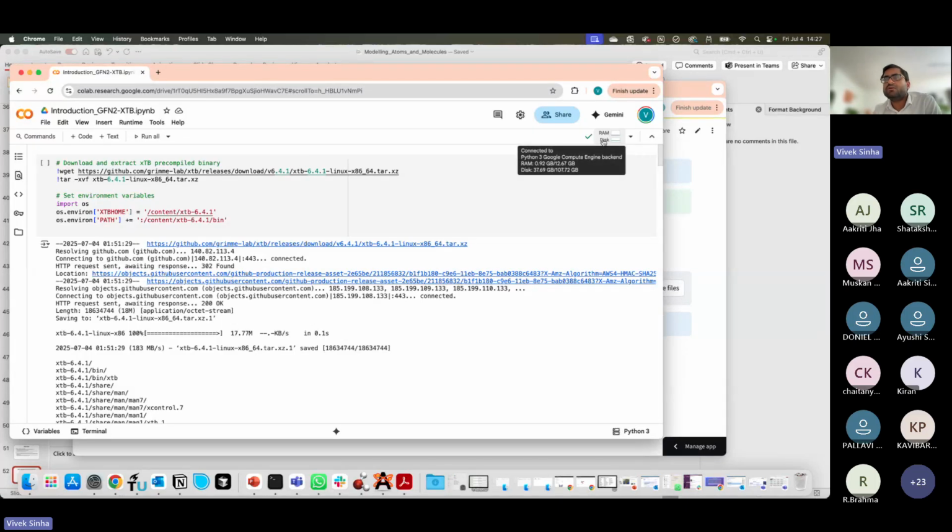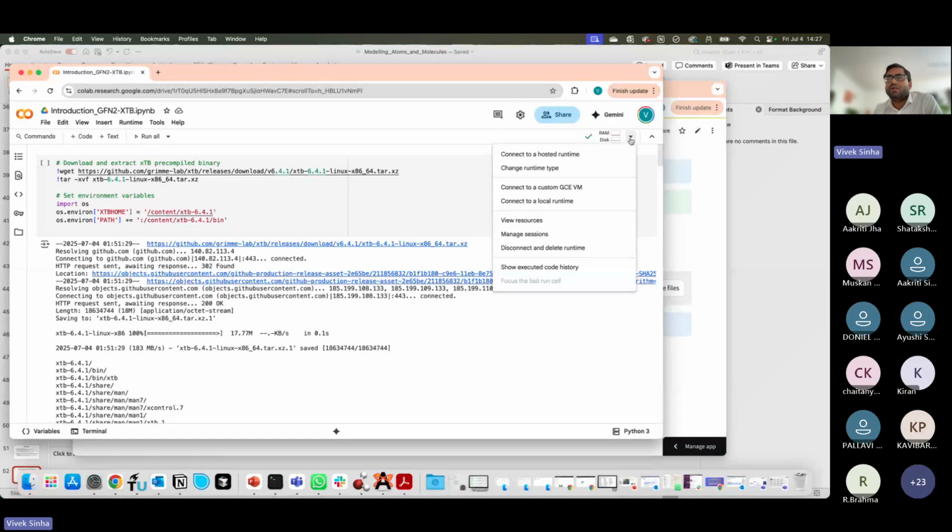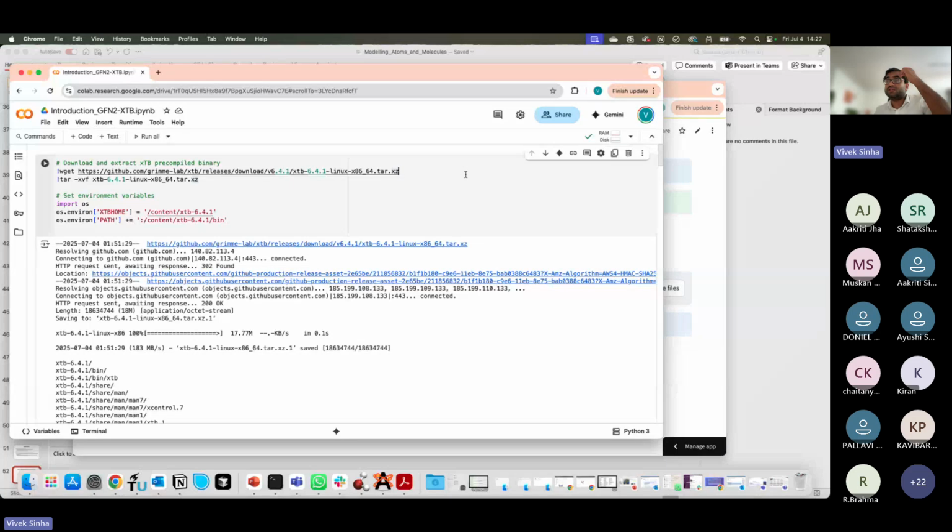You can press connect here. You will see that you have the RAM and disk usage appearing here. There are lots of other options. If you also have a Google Cloud instance, you can connect to that. You can also connect to a hosted runtime, but I wouldn't. And there is sometimes also GPU access available on this.